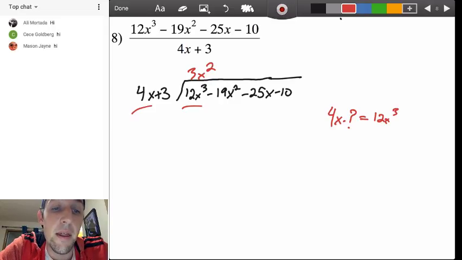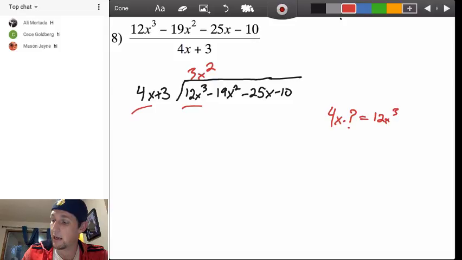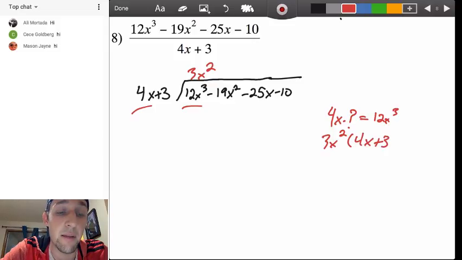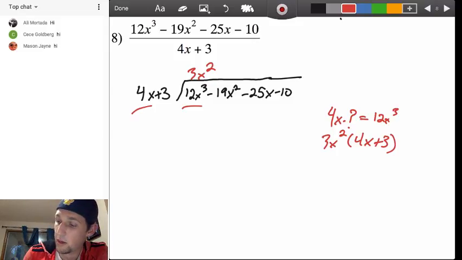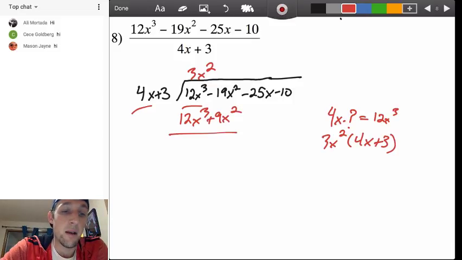I'm going to write that up on top. Then I'm taking my 3x squared and I'm multiplying it by what's on the outside of my root. This is the part where we get pretty similar to what you do in regular long division. So we would get 12x cubed plus 9x squared. And then you subtract.